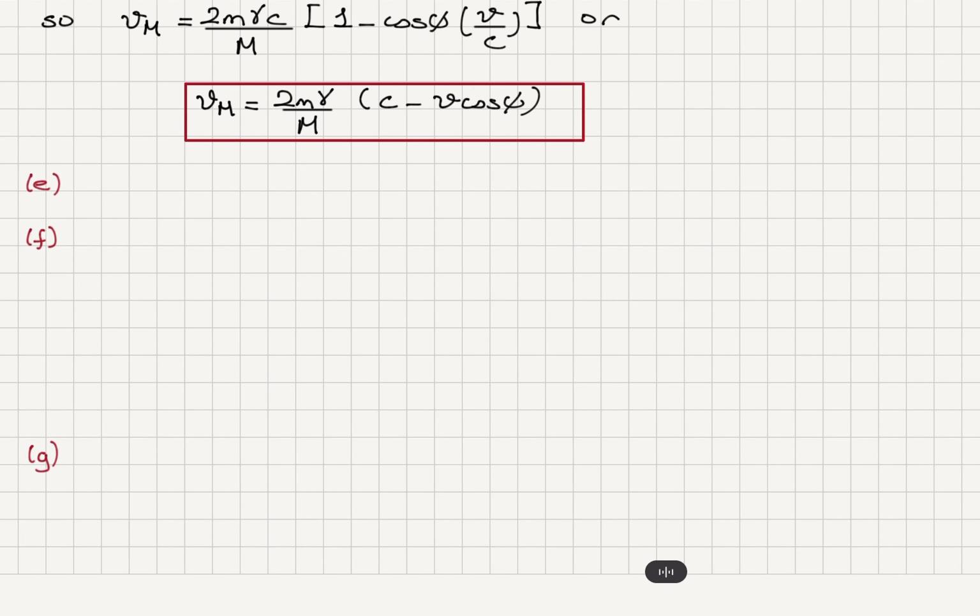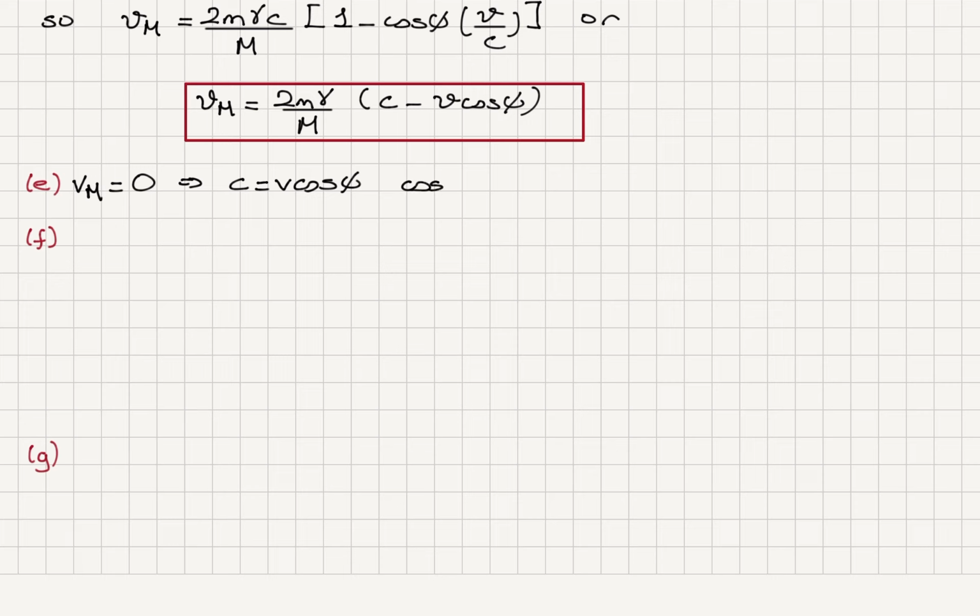So if I look at this expression here and set V capital M equal to 0, this will imply C is equal to V cosine phi.